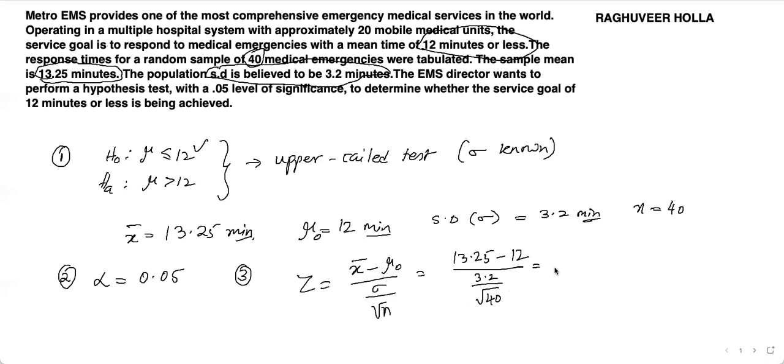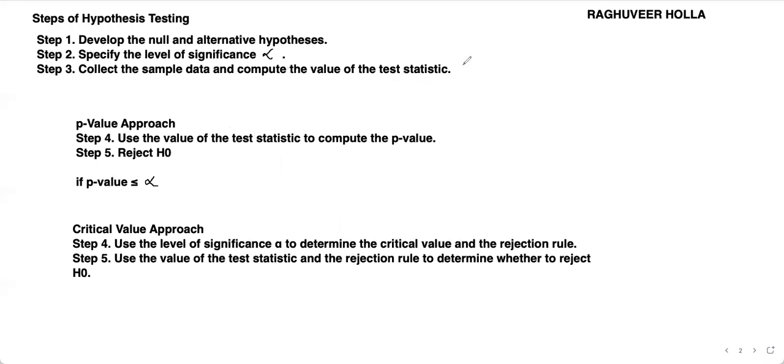So after simplifying this, we get 2.47 approximately. Now we got the z value here. Now we have to find the p-value approach and the critical value approach. Okay, let's do that.